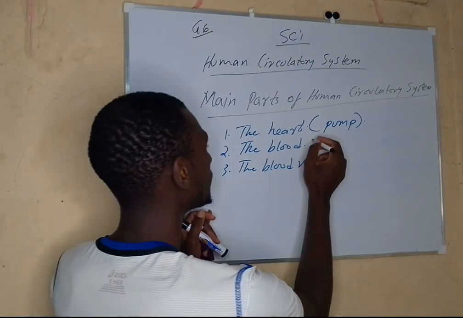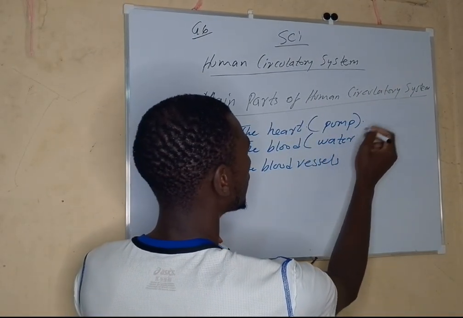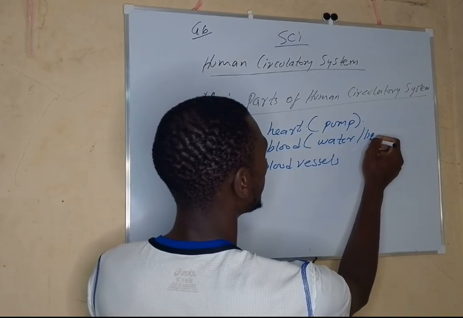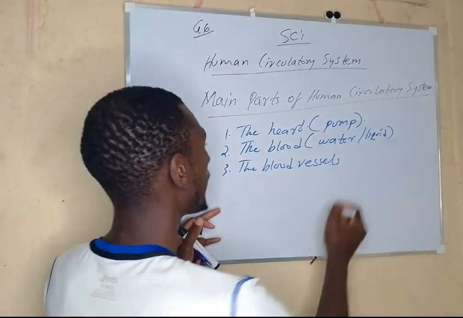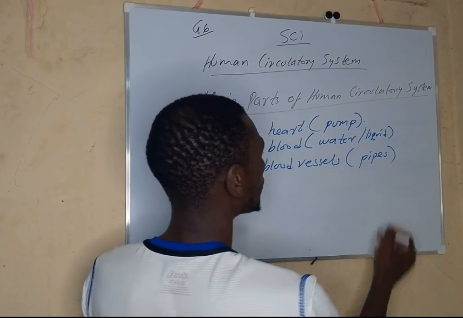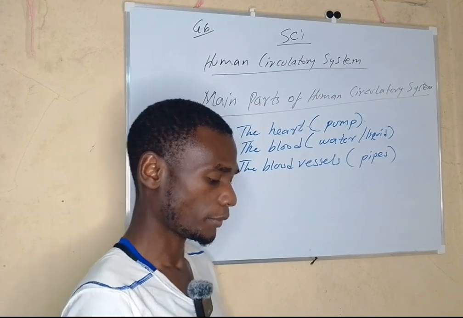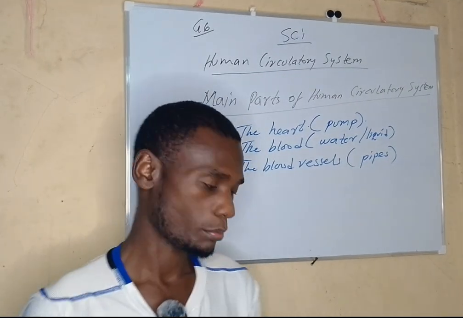The blood in this system is the water or the liquid to be pumped or supplied. Then these are the pipes through which that water should be transported from point A to point B.